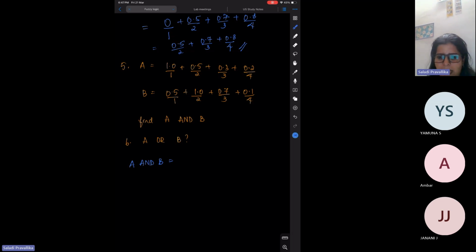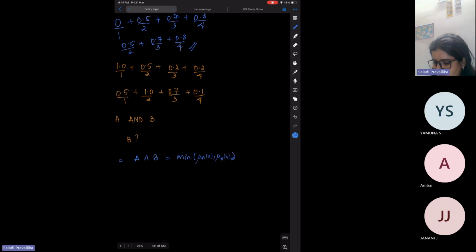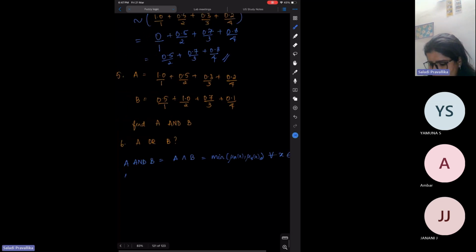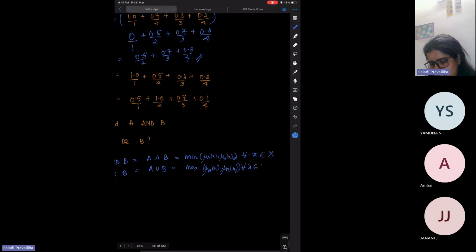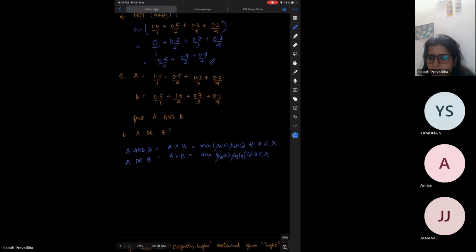This is a simple and/or operation. So A and B, A intersection B, is equal to the minimum of mu A of x, comma, mu B of x, for all x in capital X. For A or B, you take the union, that is, you take the maximum membership value for all x belonging to capital X. You can solve.